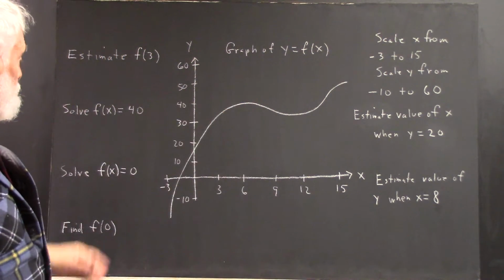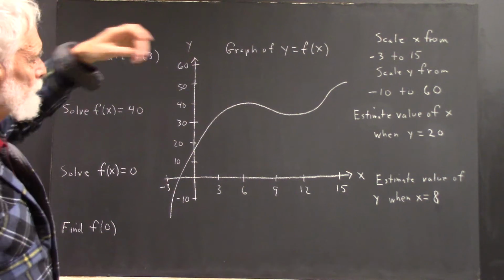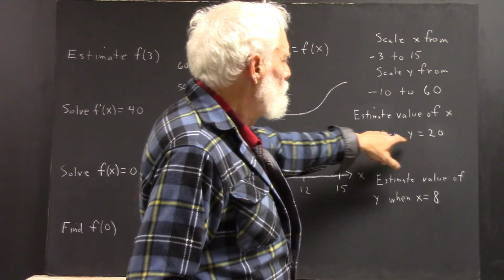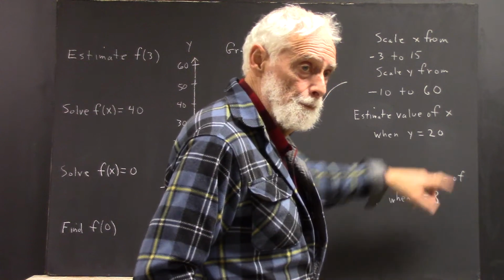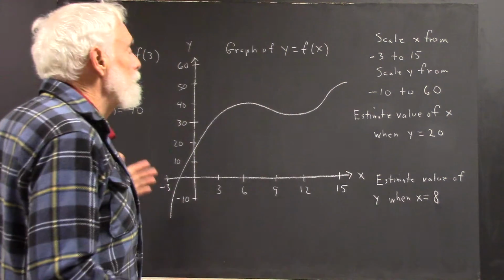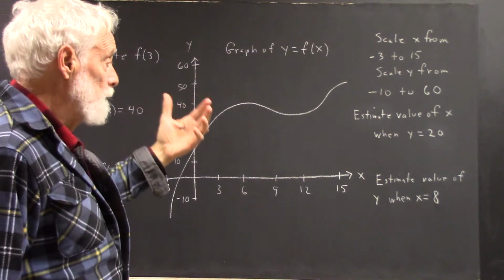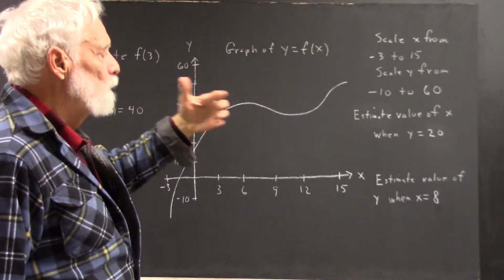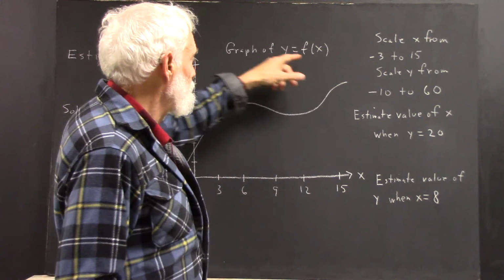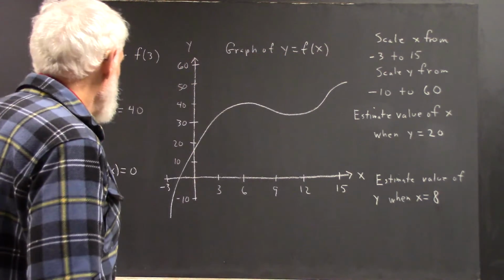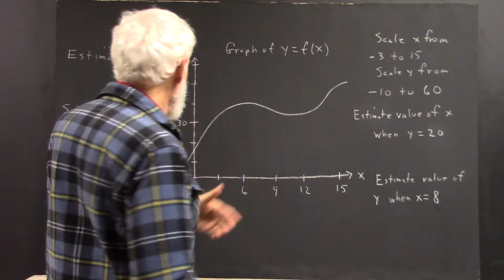Okay, so now we've got the graph scaled. Now we want to answer several questions. We want to estimate the value of x when y equals 20. That means, of course, for this function, we want to estimate the value of x you need in order for the function to give you 20. So y is going to be 20.